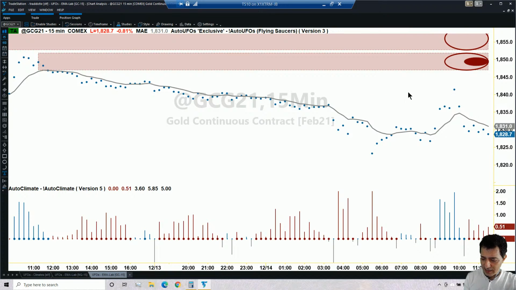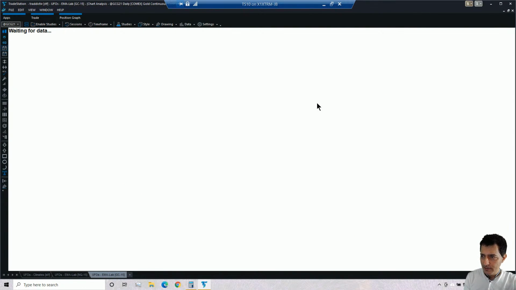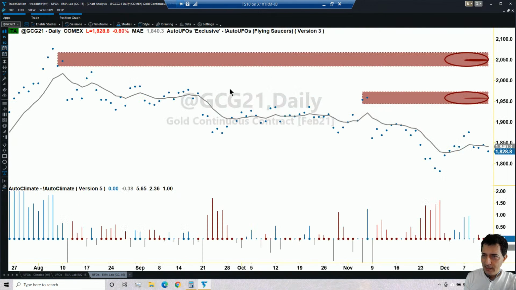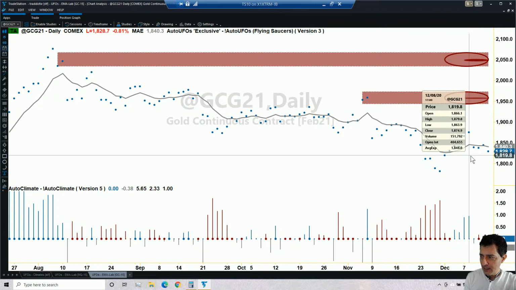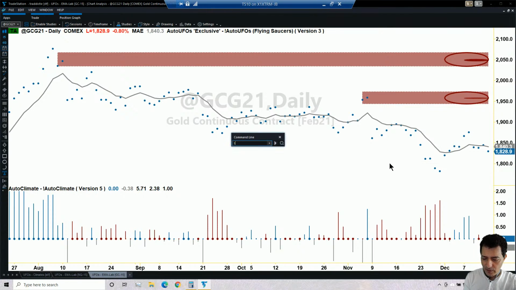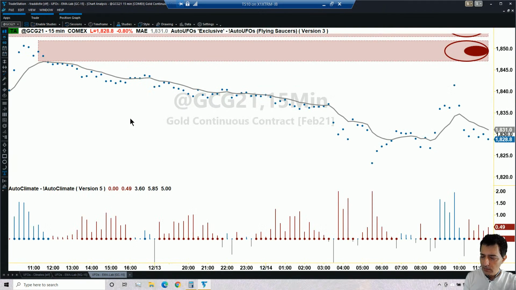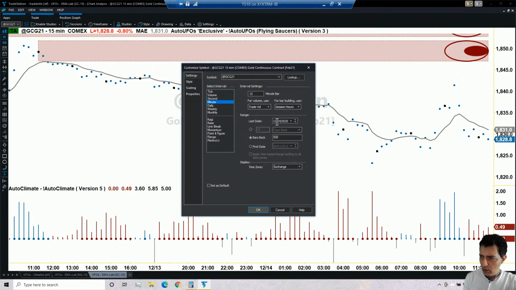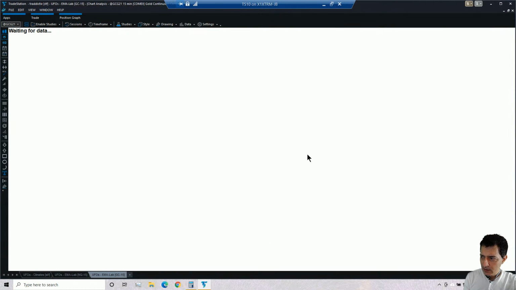Now, notice that gold has been dropping for a while, and therefore in the intraday timeframes we don't see much. So I'm going to have to load data all the way to, let's say, the beginning of November. So let's go ahead and load the first date, November 1st, 2020.